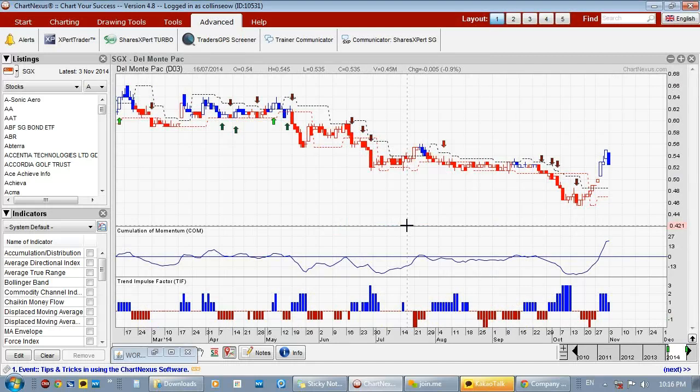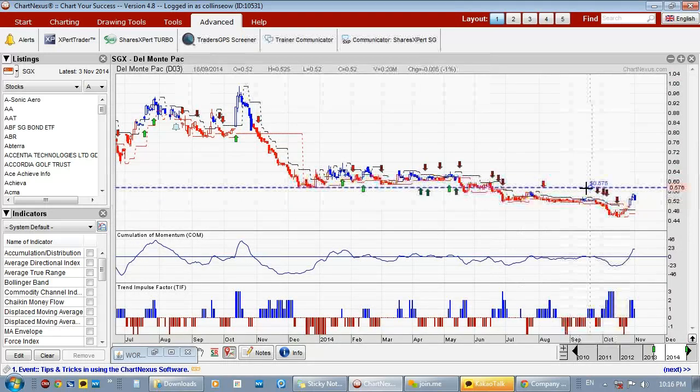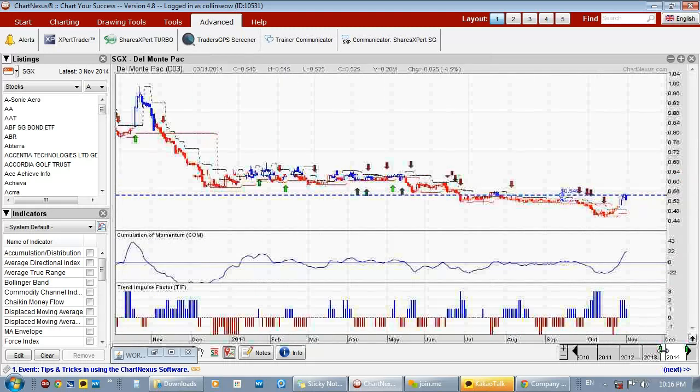This is Del Monte. Del Monte active scan today came out. But I think you should be covering your shorts already, if you have done so. Right now there's not much movement. Two ways to cover, just to share with you all.